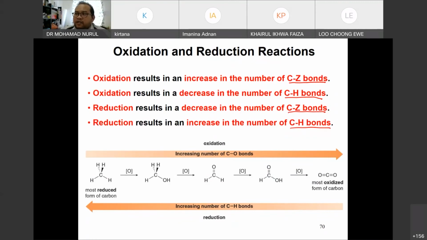We will learn about this in chapter 11, I think chapters 7 to 11 soon. This is the simplest way to understand oxidation and reduction. Oxidation increases the number of C-O bonds and decreases the number of C-H bonds. For reductions, vice versa: decrease the number of C-Z bonds, increase the number of C-H bonds.